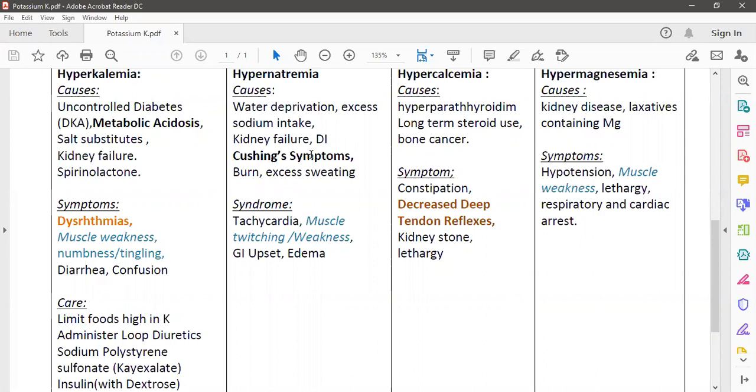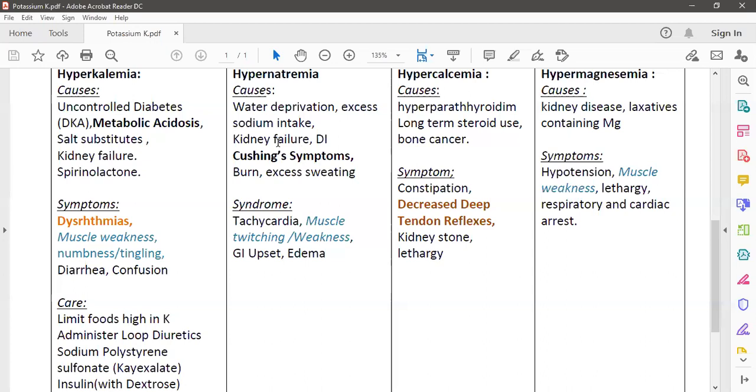Diabetes insipidus, shortly called DI, or heat stroke also causes it. Another common cause is Cushing syndrome. It is an endocrine disorder, right?